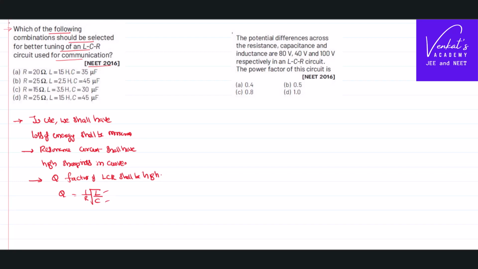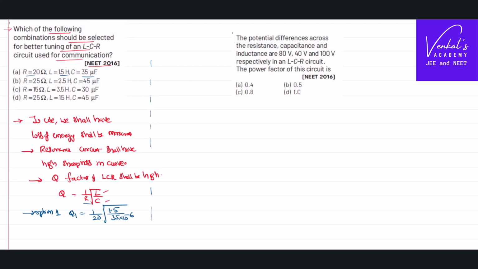Just for example, if we take option 1, the Q factor is 1 by R, which is 20, root of L, which is 1.5, by C, which is 35 microfarad, that is 35 into 10 power minus 6.